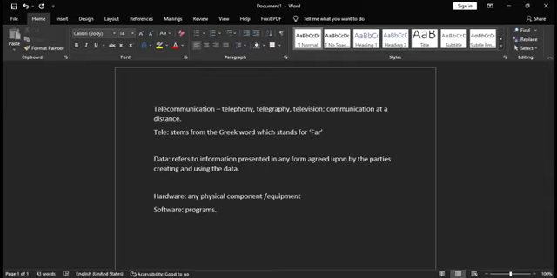Now let's continue. The effectiveness of a data communication system depends on four fundamental characteristics. So this is very, very important.